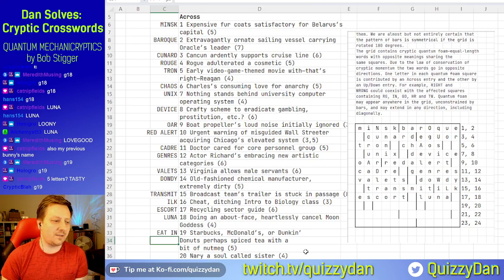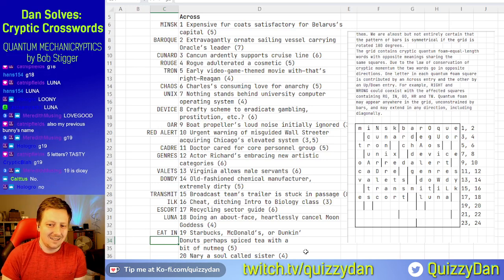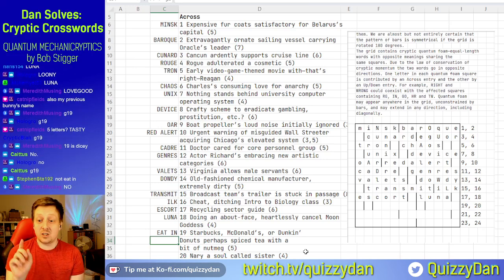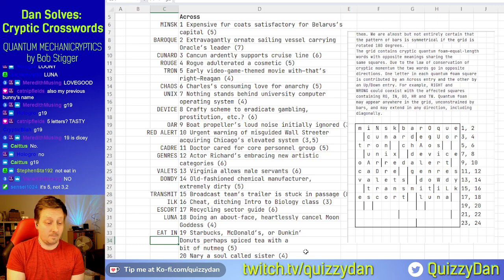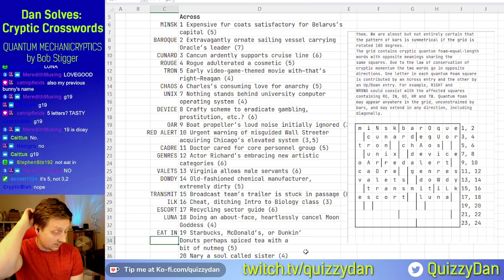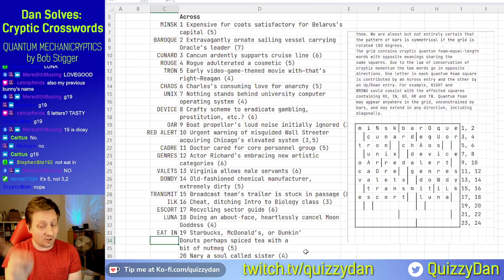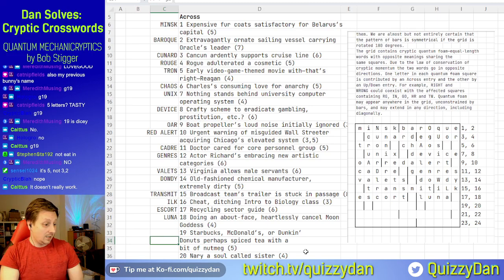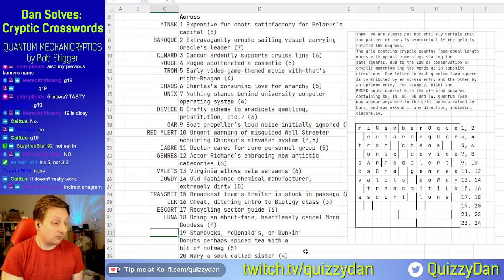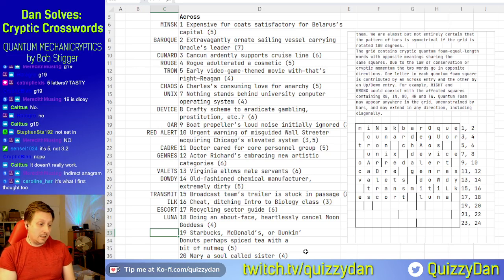I don't quite like the definition of Starbucks, McDonald's or Dunkin' Donuts, but if you do that, you do eat in. Aside from the enumeration, that works. It can't be an eatery.